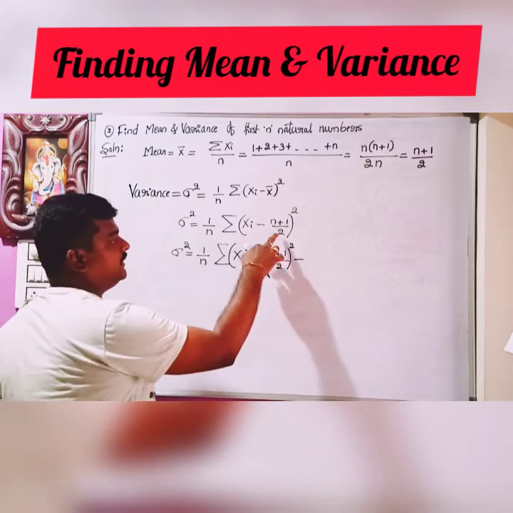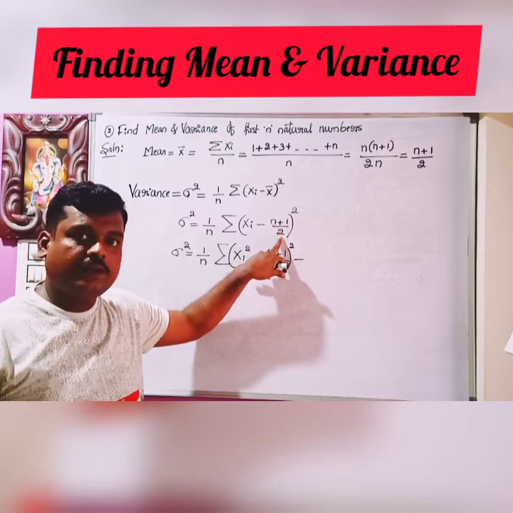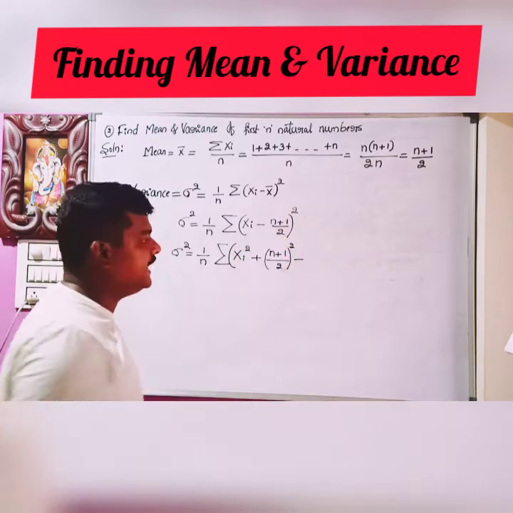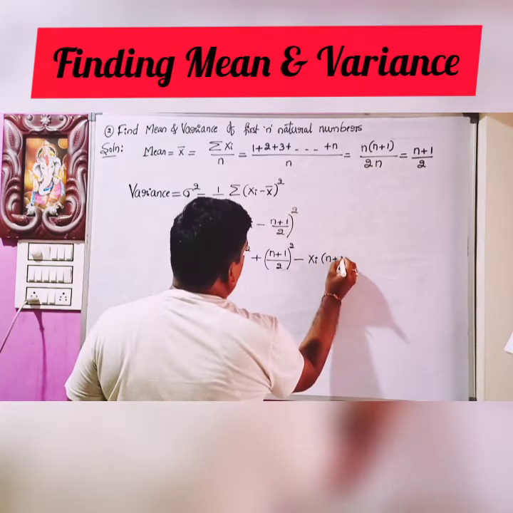The 2 and the divided by 2 cancel, so it is 2 into xi into n plus 1 by 2, and the 2 cancels, so it is xi into n plus 1.